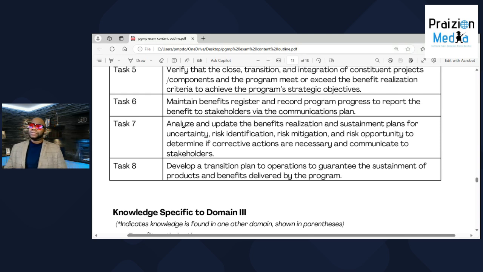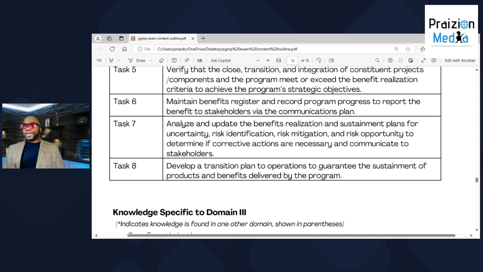All right. Number seven, analyze and update the benefits realization and sustainment plans for uncertainty, risk identification, risk mitigation, and risk opportunity to determine if corrective actions are necessary and to communicate to stakeholders. Number eight, develop a transition plan. It just makes sense, right?